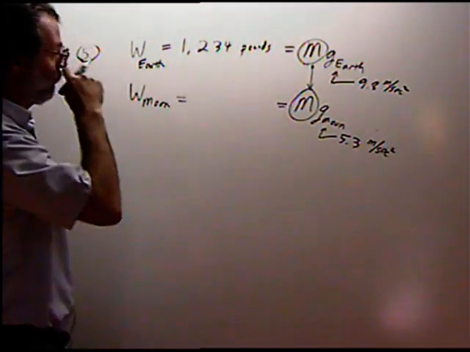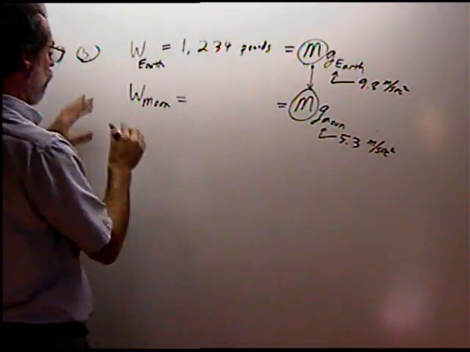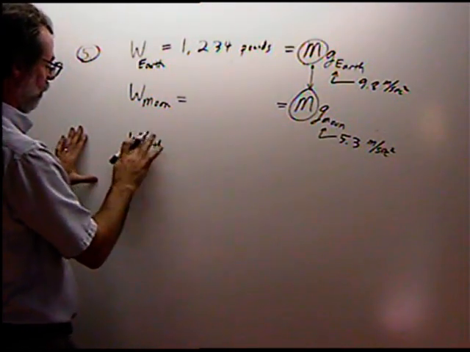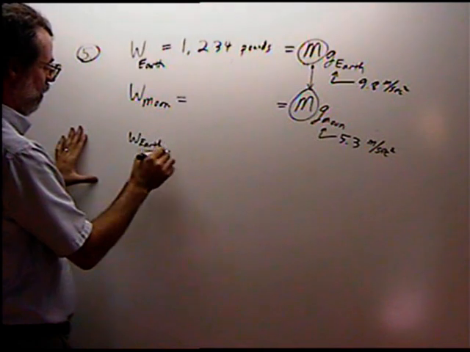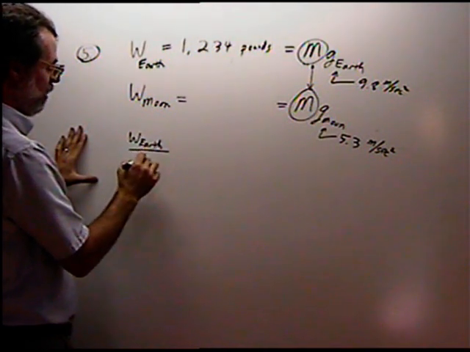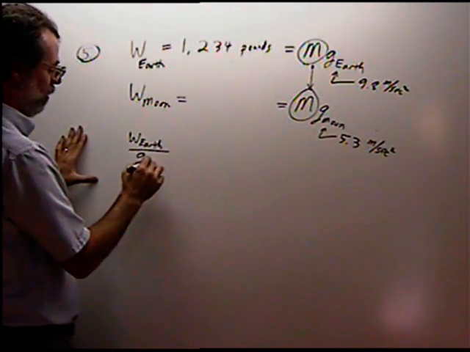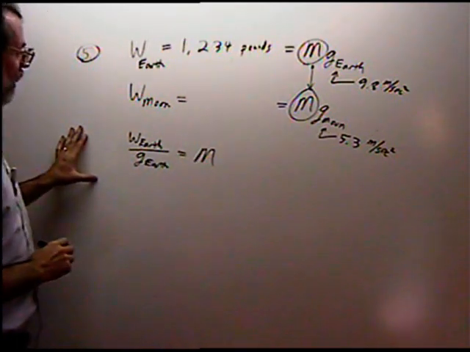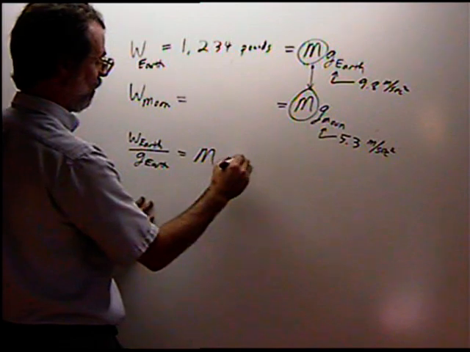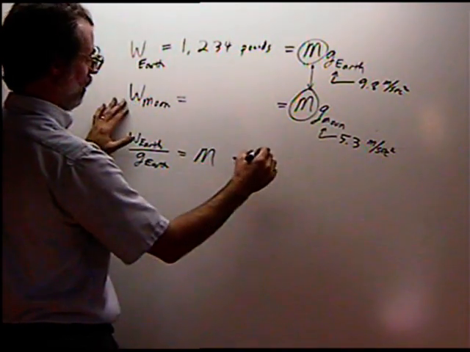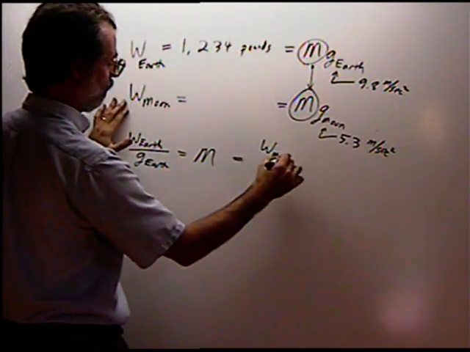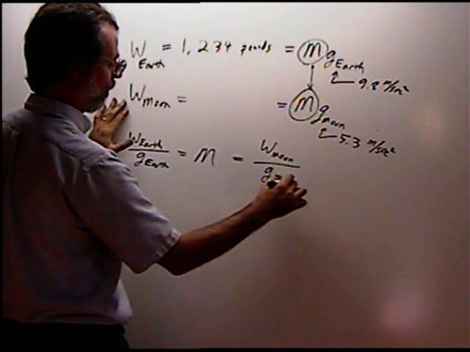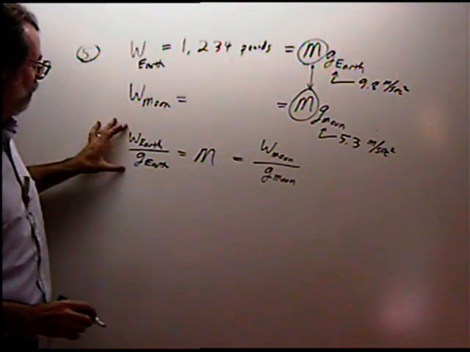But the gravity is different. So notice we can take the first equation and say that the weight of the Earth over g of the Earth equals the mass. And the mass is also equal to the weight on the moon divided by the gravity of the moon. Notice here I set up a ratio. I can do that.